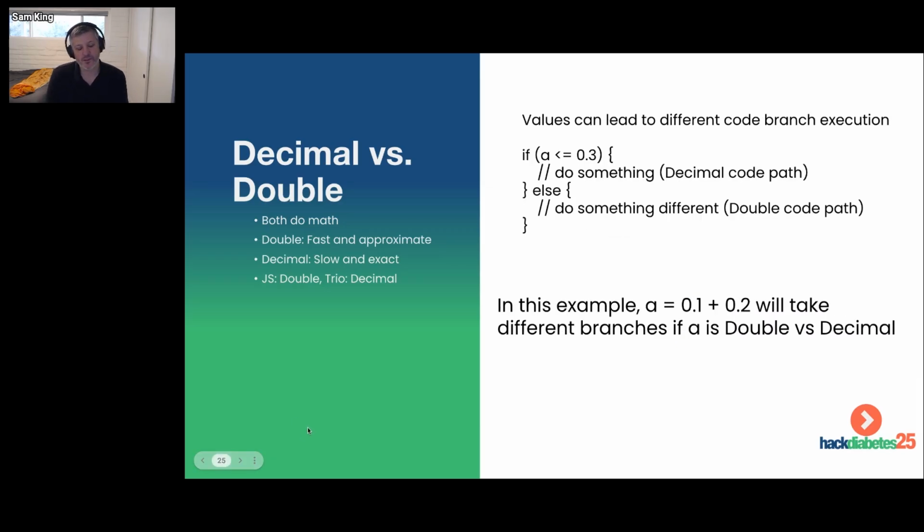The problem is in intermediate calculations, you aren't just taking values and passing them through. These values sometimes are part of logic, which controls what code gets executed. If you see the code snippet on this slide, there's an expression up at the top. If A is less than or equal to 0.3, you do something, otherwise you do something else.